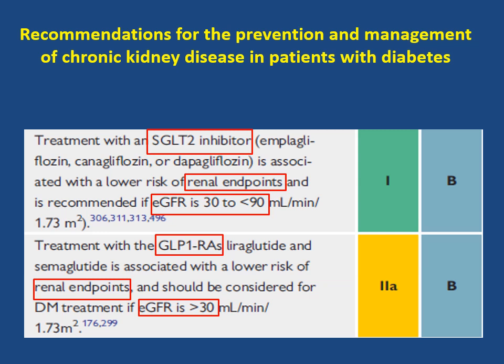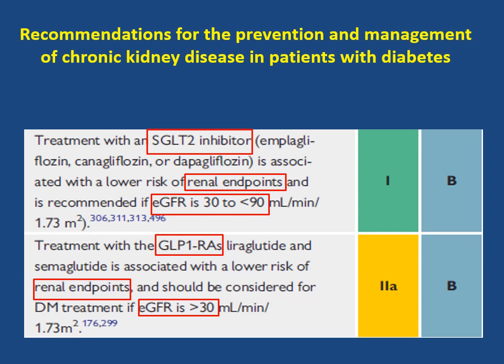What are the recommendations for prevention and management of chronic kidney disease in patients with diabetes? Treatment with a sodium glucose cotransporter 2 inhibitor, either empagliflozin, canagliflozin, or dapagliflozin, is associated with a lower risk of renal endpoints and recommended if the estimated GFR is between 30 to less than 90 mL per minute.